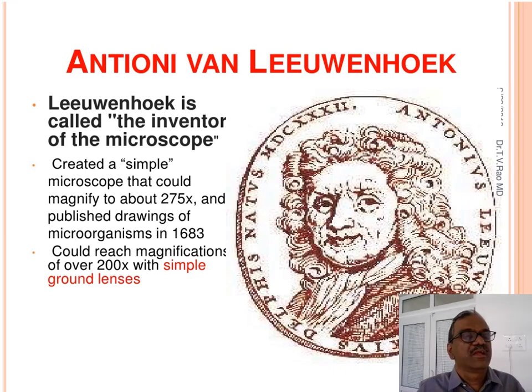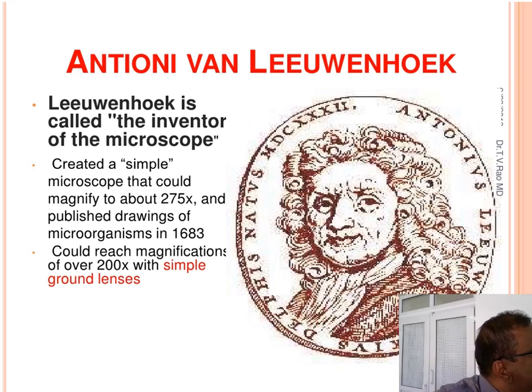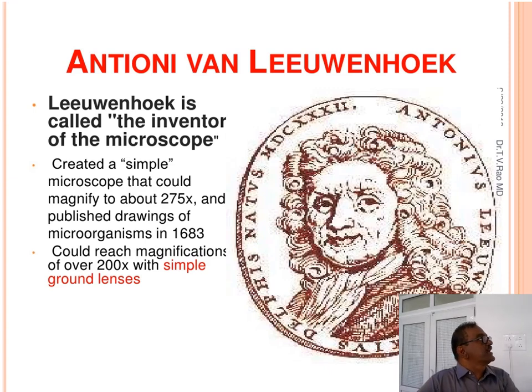So he made a simple microscope that could magnify about 275x, and he published. See that? Once you record the observation in a scientific journal, only then will your discovery, invention or innovation be taken care of.